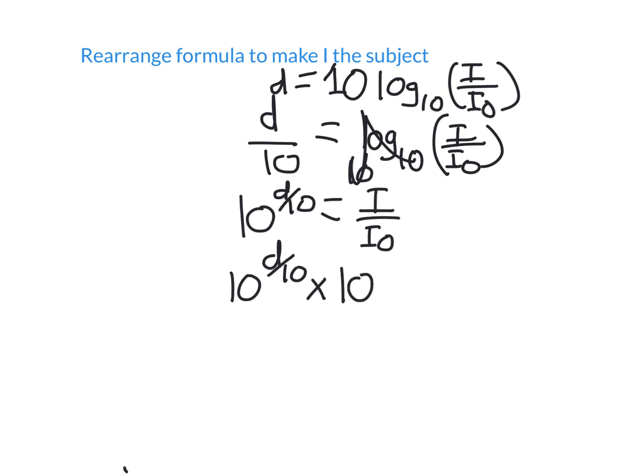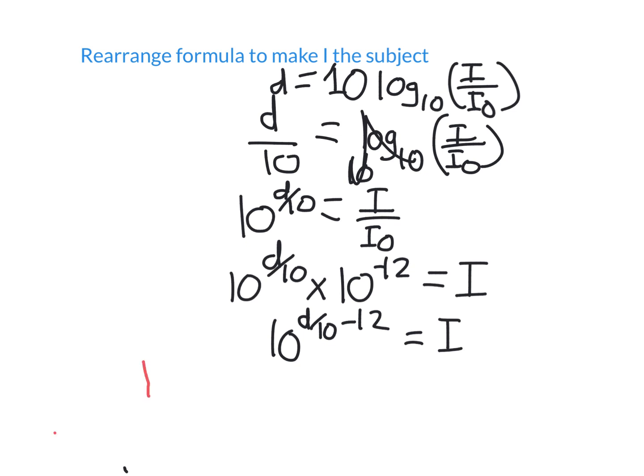Well, I0 was actually 10 to the minus 12 watts. So this will give us a formula for the intensity, and of course we can convert that using index laws into one index. So the intensity is 10 to the power of the number of decibels divided by 10, minus 12. So if we know, for example, that a sound is 120 decibels, which is super, super loud, we can easily find its intensity.